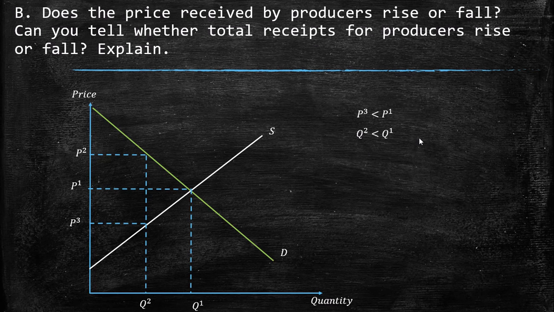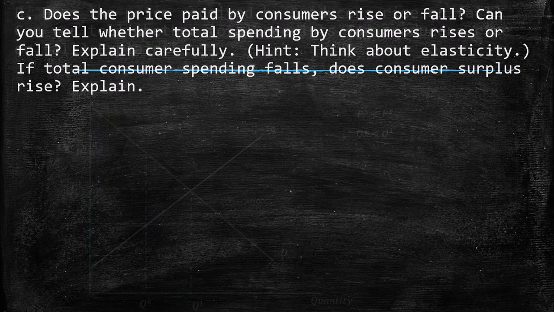We know that Q2 is lower as well than Q1. So this is all to say that producers will now receive P3 times Q2, which is going to be much less than P1 Q1. So the price will decrease and the total revenue for producers is going to decrease as well.